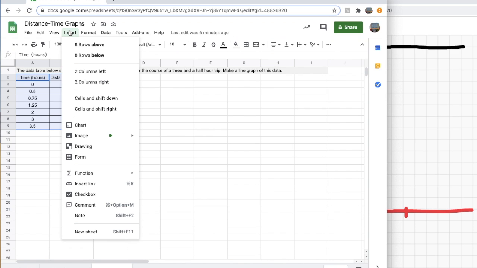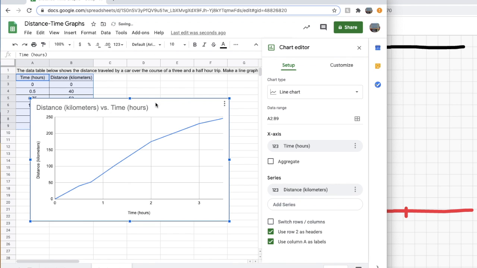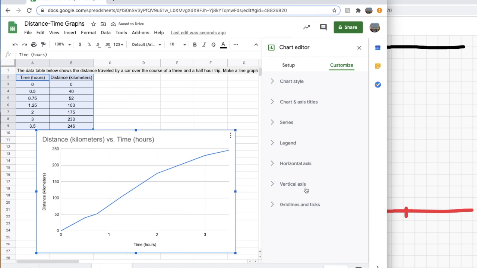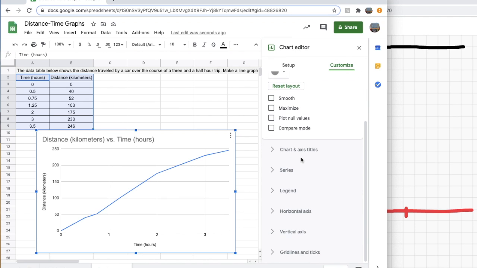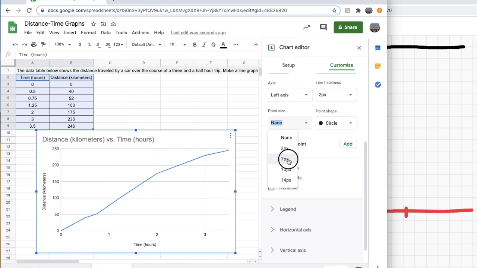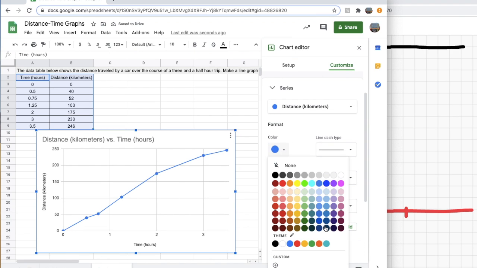So what we're going to do is, now that I've talked your ear off about this, we're going to highlight our data. We're going to go to Insert Chart. And here, just like before, I'm going to put in just a couple customizations to make this a little bit easier. So chart style, okay, my series, sorry. My point size, I'm going to make 0.7. I'm also going to change the color because I hate this color.